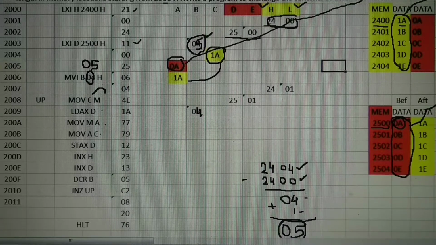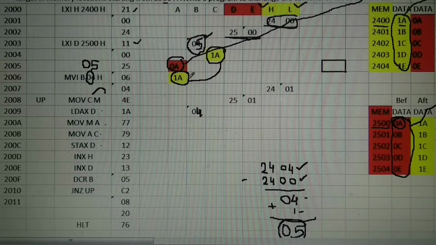Because with the DE register pair, when a number is to be transferred to that particular memory location, the number should be brought to the accumulator. That means it is initially taken to C and after that C is taken to A. Then STAX D: whatever number is present in the accumulator is stored to the memory given by DE.